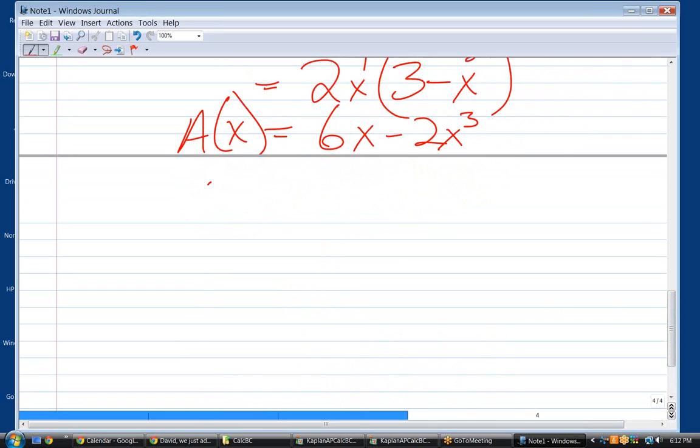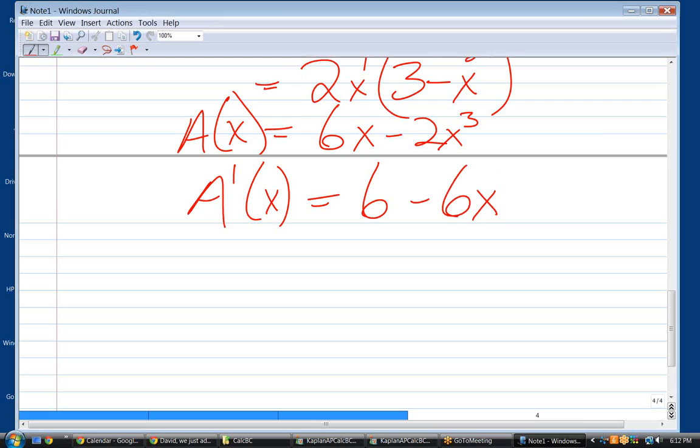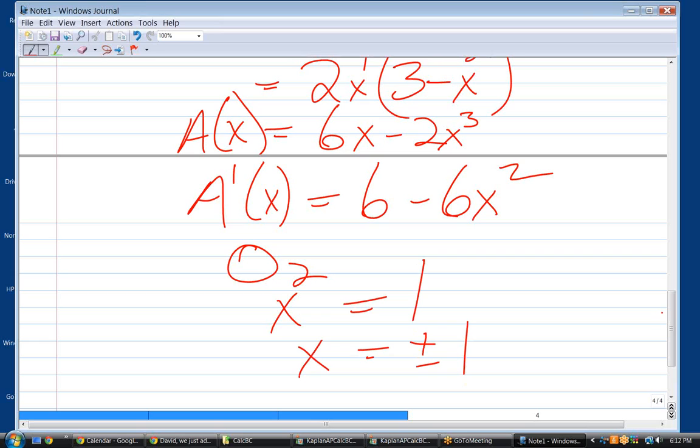So A prime of x is equal to 6 minus 6x squared. Setting that equal to 0, I get x squared equals 1, so x equals plus or minus 1.